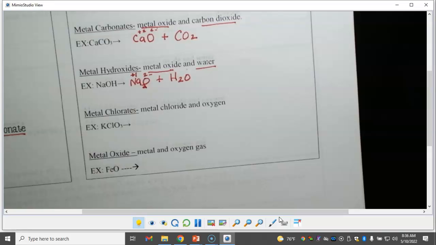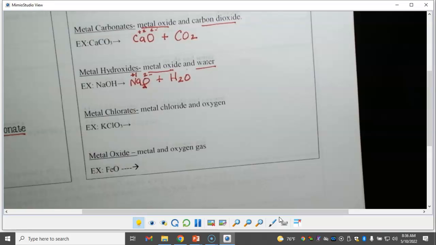So the most reactive cations from top to bottom, and then our most reactive to our least reactive halogens. Okay, so of all of our metals on the periodic table, okay, lithium is the most reactive. It has the highest activity, and then activity decreases as you go down.